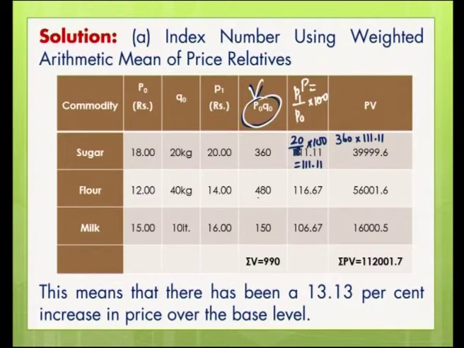Similarly, the V value is 480 and 116.67 is the P value. So, P into V is 116.67 into 480, which is this. Then you just take the total of summation V, and it comes to 990, and take the total of summation PV, which is 112001.7.